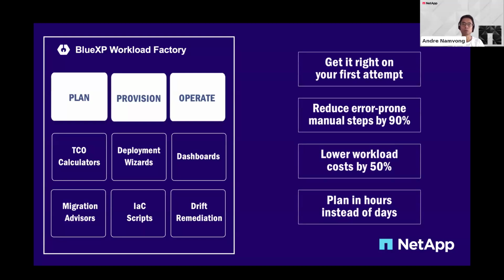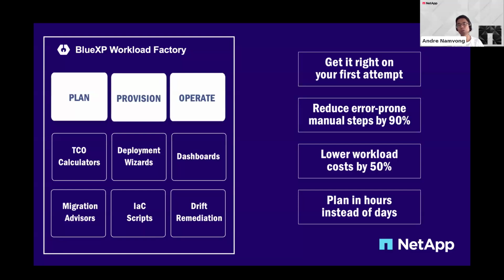So with BlueXP Workload Factory, you can get it right. Deploy your file system right the first time, in your first attempt. It aims at reducing the errors when you are doing the deployment or the configuration manually.